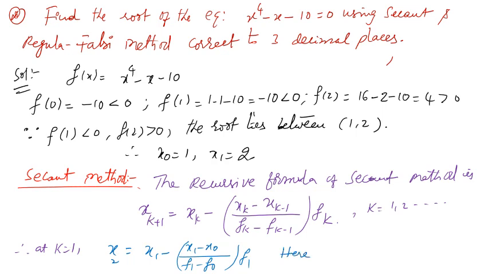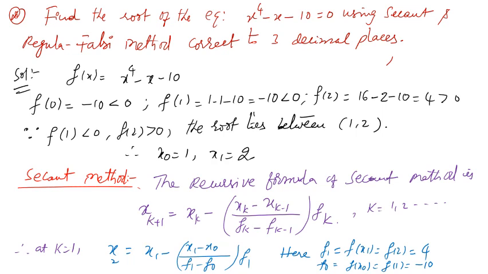Here x0 is 1, x1 is 2, and what is f1 value? F1 means f of x1, f of 2, that value is 4. And f0 means f of x0, that is f of 1, what is that value? Minus 10.